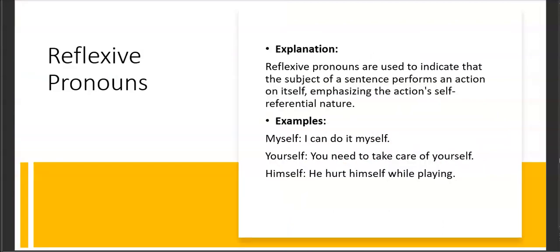So we'll be looking at this and just showing how reflexive pronouns work. So now let's jump in and talk about these reflexive pronouns. Okay, it's very simple and easy to understand. Nothing very hard about it. So now reflexive pronouns are used to indicate that the subject of the sentence performs an action on itself.